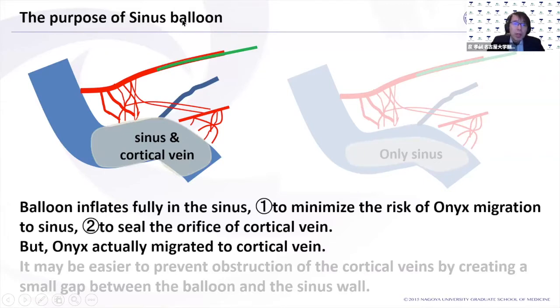Originally, the sinus protection balloon has 2 purposes. The balloon inflates free in the sinus to minimize the risk of Onyx migration to the sinus and to seal the orifice of the cortical vein. But in our case, Onyx actually migrated to the cortical vein.